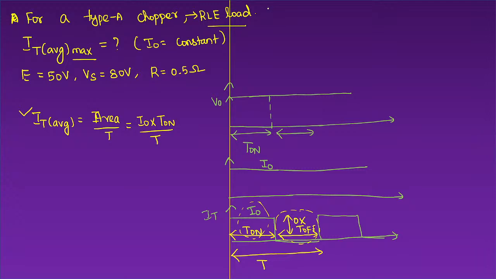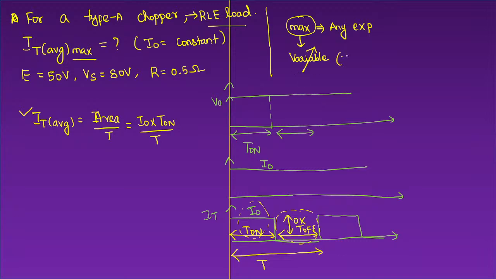Okay, let me ask you from the fundamental. Whenever you are requested to calculate the maximum value of any expression, what will you do? Step number one, you have to identify the variable quantity. What quantity is continuously varying here?